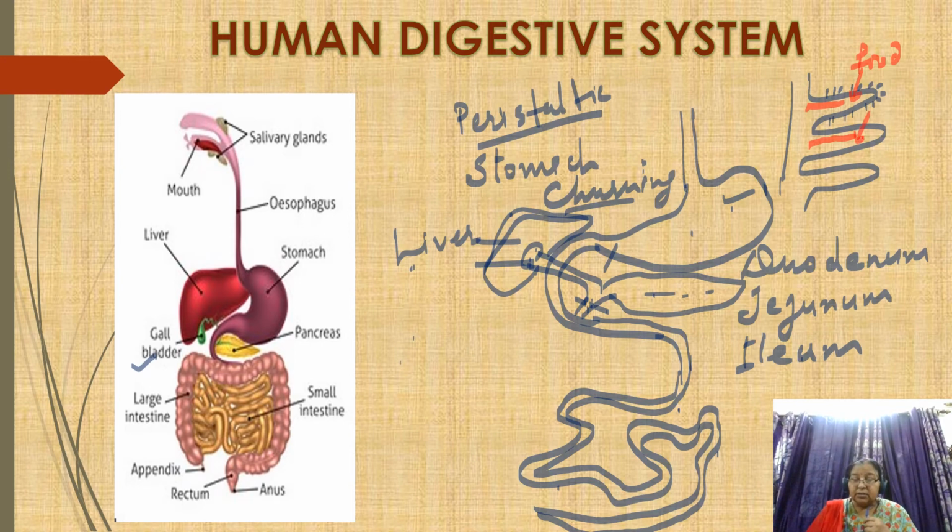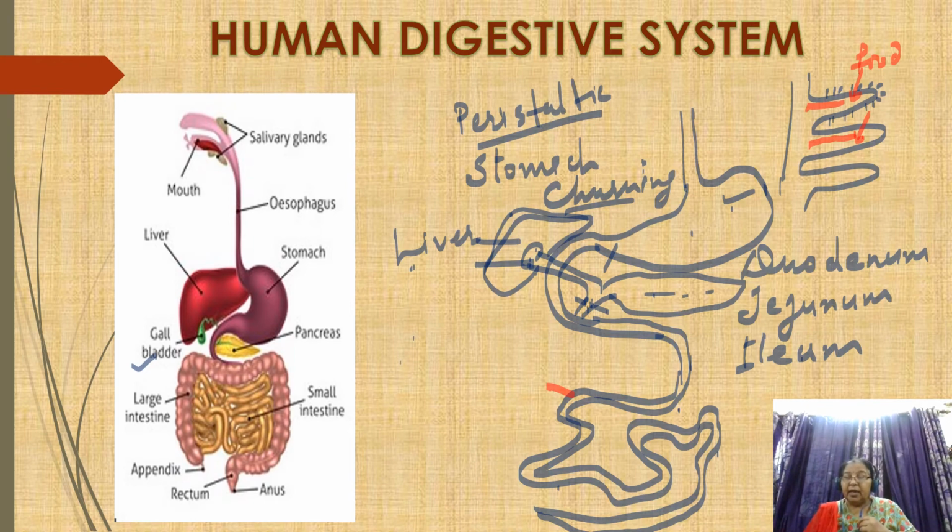Some of the intestinal juices also have digesting enzymes, protein digesting enzymes, fat digesting enzymes, carbohydrate digesting enzymes. Clear? So the food which is digested will now be absorbed in the small intestine.